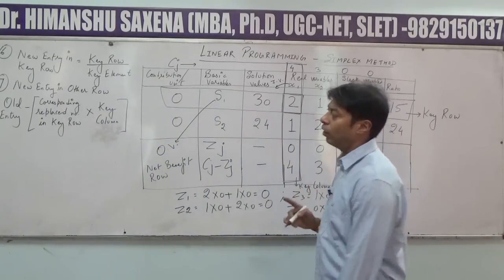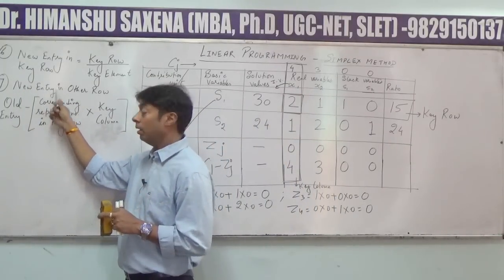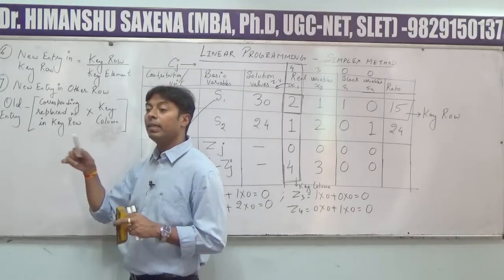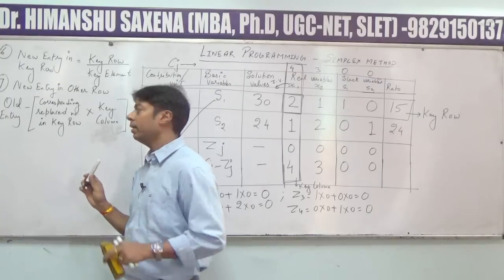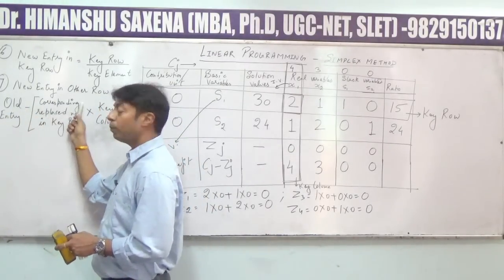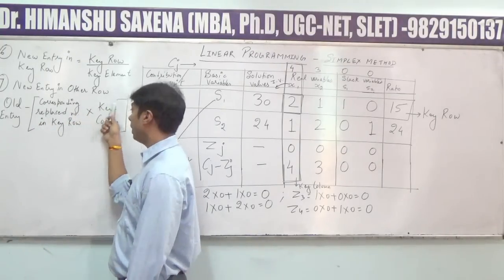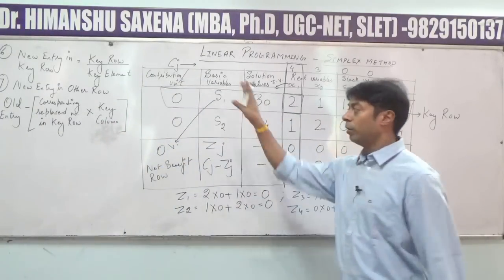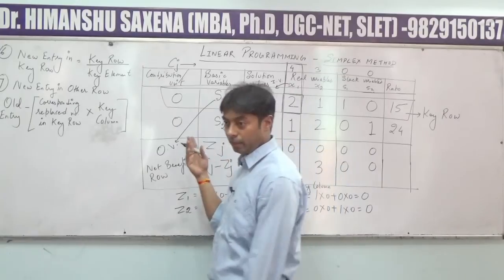So take down this formula also. This formula says new entry in other row, which is other than key row. The formula is a big one, but if you concentrate, you'll get it completely. It is old entry minus corresponding replaced number in key row multiplied by the element existing in the key column. So now we are going to make use of these two formulae to construct the next table.